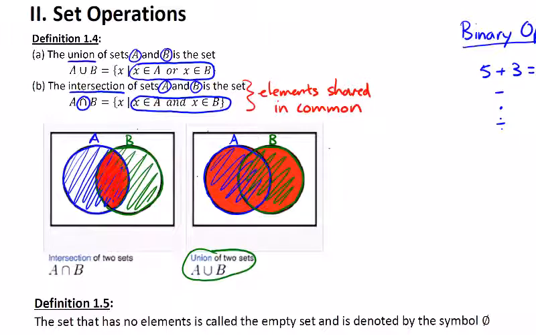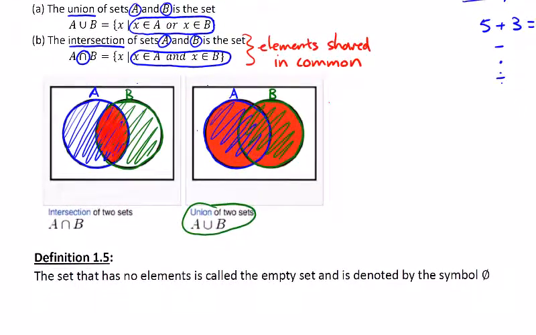Now, something else that is conceivable is that two sets would not have anything in common. So in the event that two sets do not have anything in common, we have a way of discussing that. That's what definition 1.5 says. It says the set that has no elements is called the empty set.